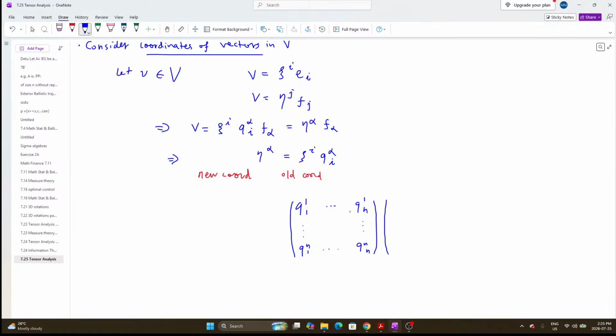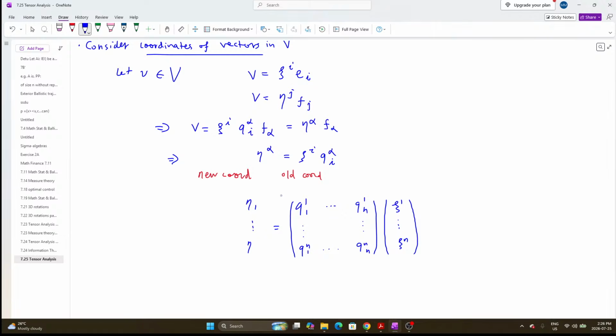Here you have this matrix, and then you have xi^1 all the way to xi^n. And then on the left you have eta^1 all the way to eta^n. So that's the matrix form. You see, this forces vectors xi to be columns, simply because of how matrix multiplication is defined.